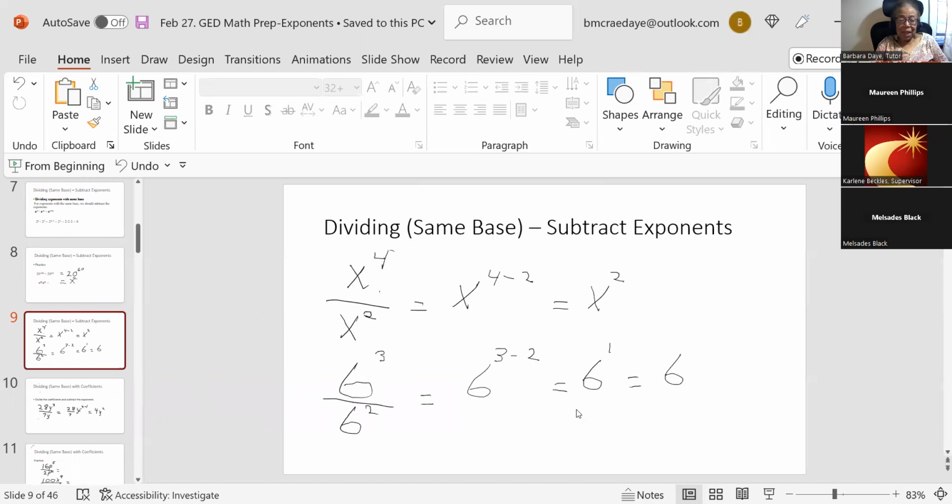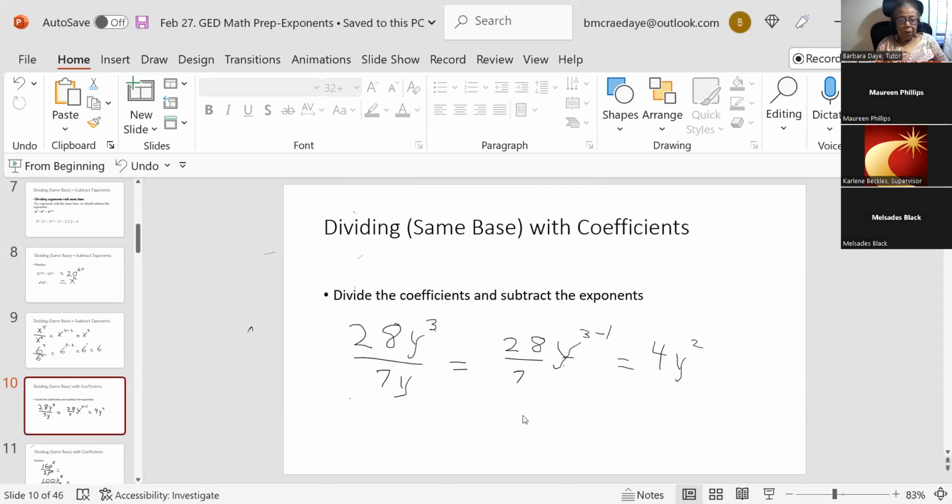Remember that any number to the 1 power is the same number. Even if it were a variable, x to the 1 is just x, p to the 1 is just p. Got it? So that's some more examples.